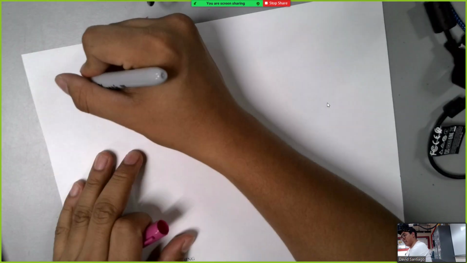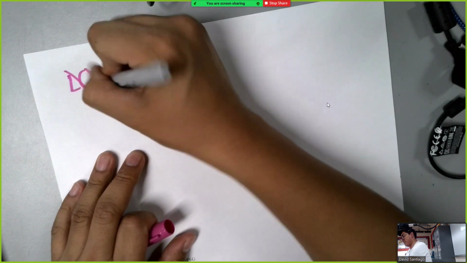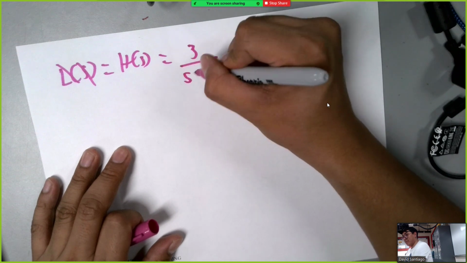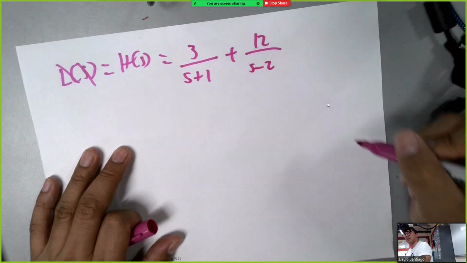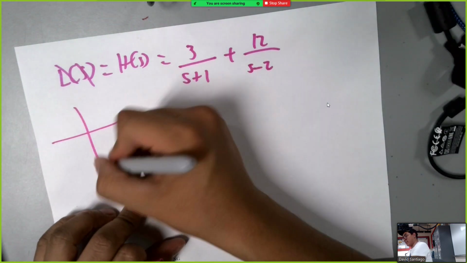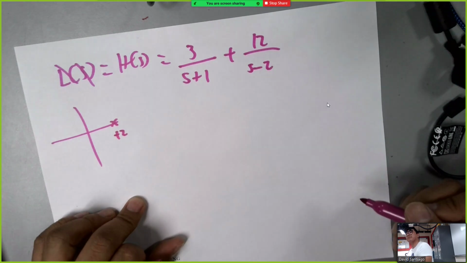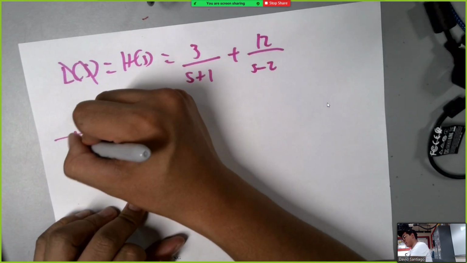Page 9. Rewriting that Laplace transform, let's call it H of s, is equal to 3/(s+1) plus 12/(s-2). Here is the pole at plus 2, and this is a left-sided pole, so here it is minus 1.